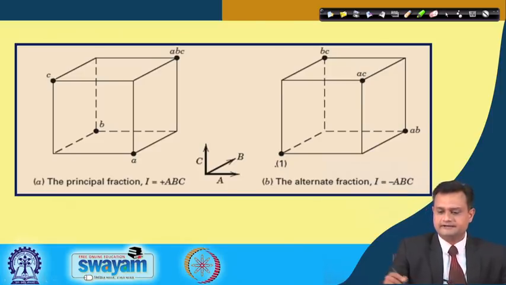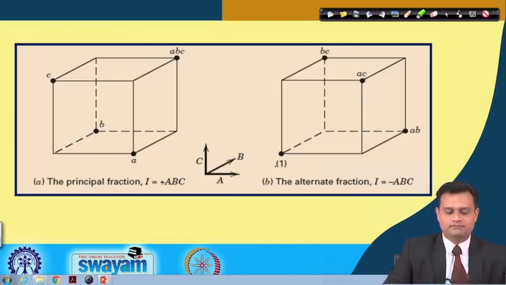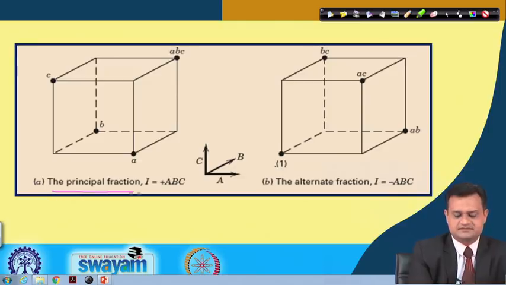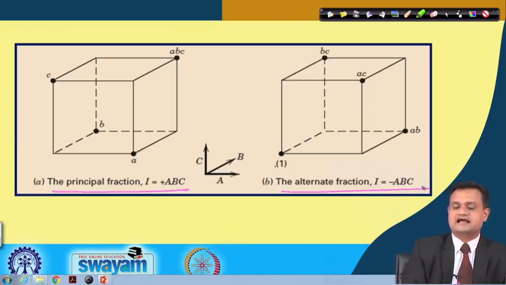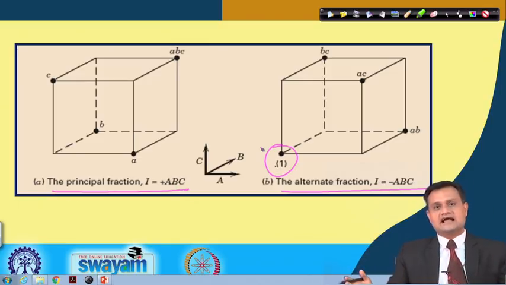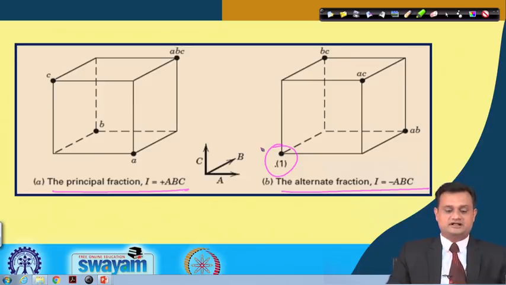Now you just see here in a particular form that this is the principal fraction, I is equal to plus ABC, and this is the alternate fraction, that is I is equal to minus ABC. You have the initial condition here. So the design which I had shown in the previous table could now be divided into 2 fractions, that is plus ABC and minus ABC.